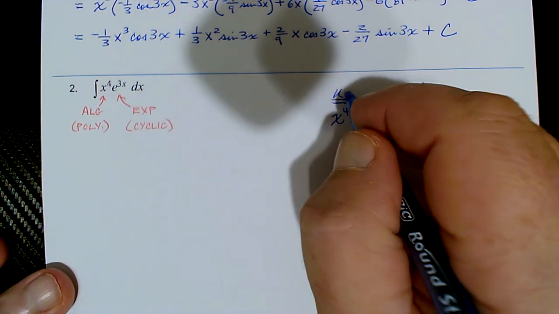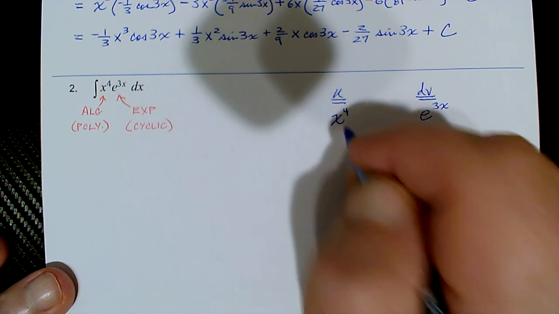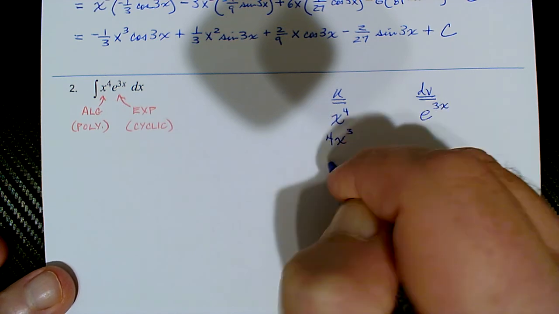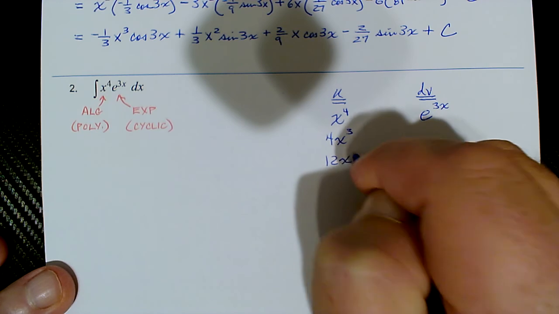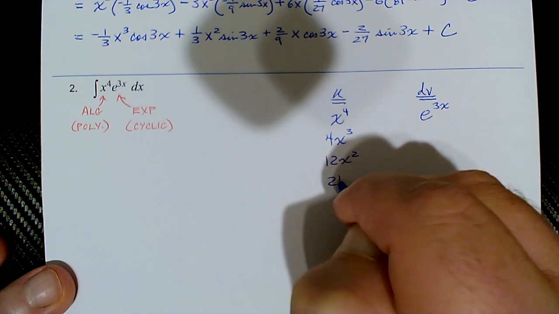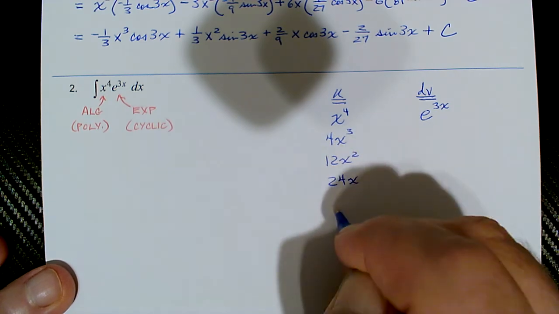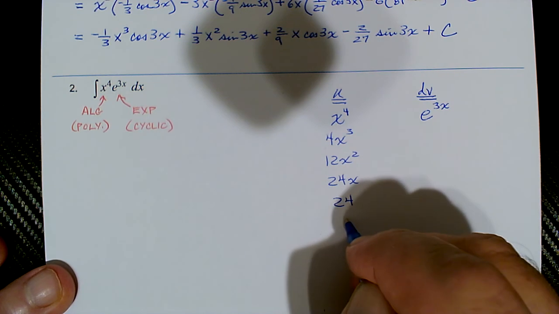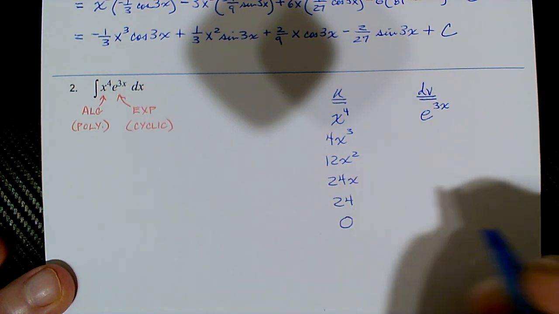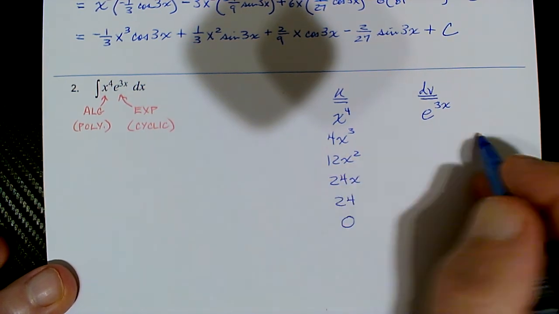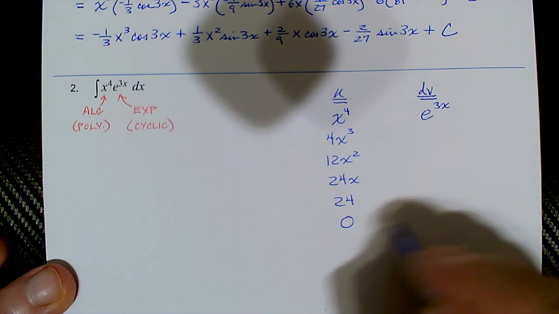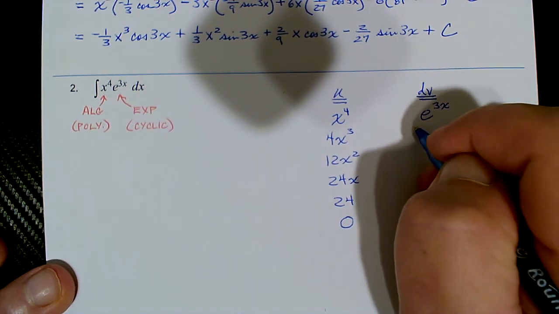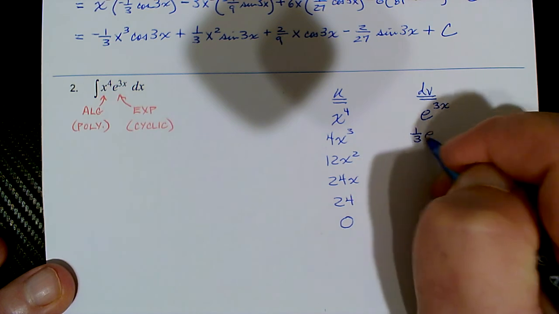And the idea is that because u is a polynomial, you'll be able to differentiate it to get 0. So x to the 4th, 4x cubed, 12x squared, 24x, 24, and finally we get a 0. Just make sure you line up your rows neatly, and every time we integrate e to the 3x, we get a modifying factor of 1/3.